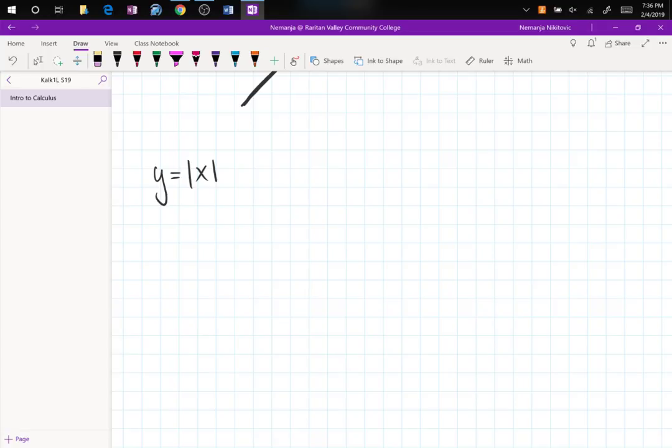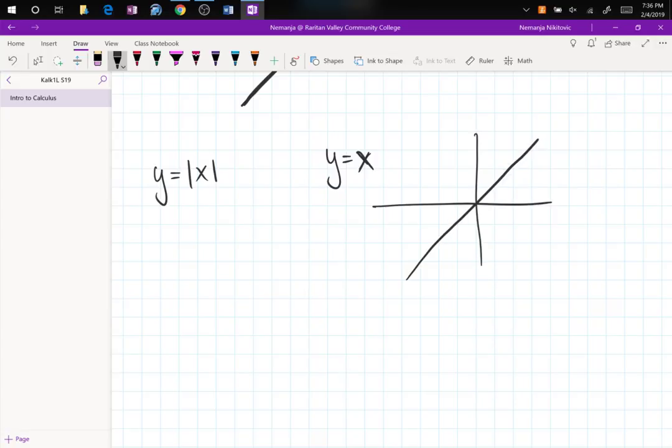So the way to do this efficiently is to say, all right, let me graph y equals x. Just forget about absolute value. And that is going to be a 45-degree line like this. Now, what we know is that the absolute value measures distance, and distance is never negative, so absolute value is not going to allow for negative y values.